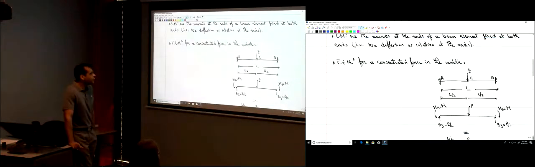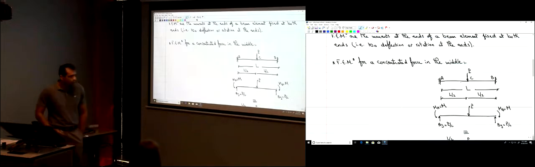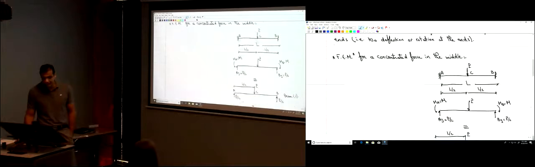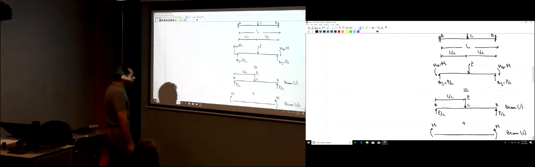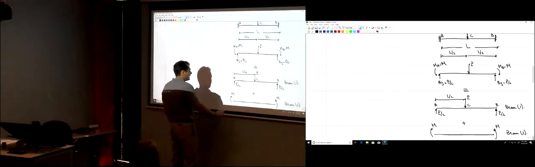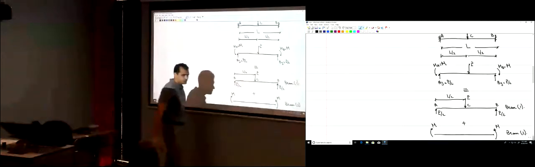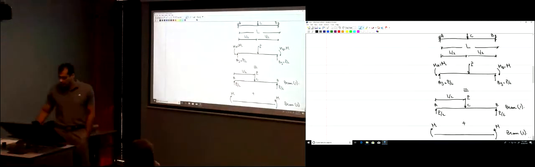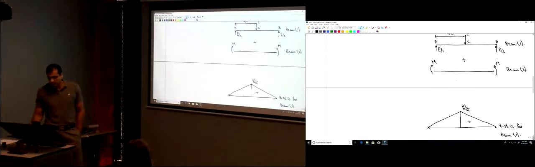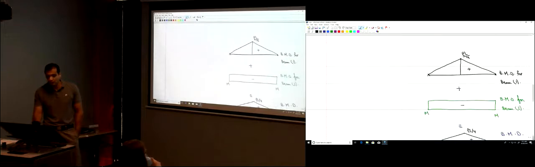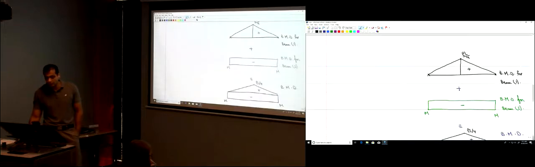So we used the method of superposition. We drew the bending moment diagram for P alone, and the moments separately on a different beam, and then we sum those up.